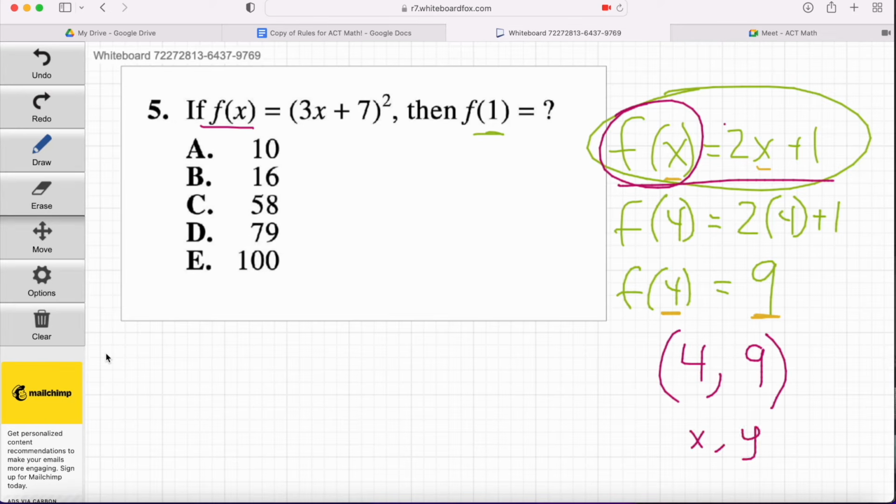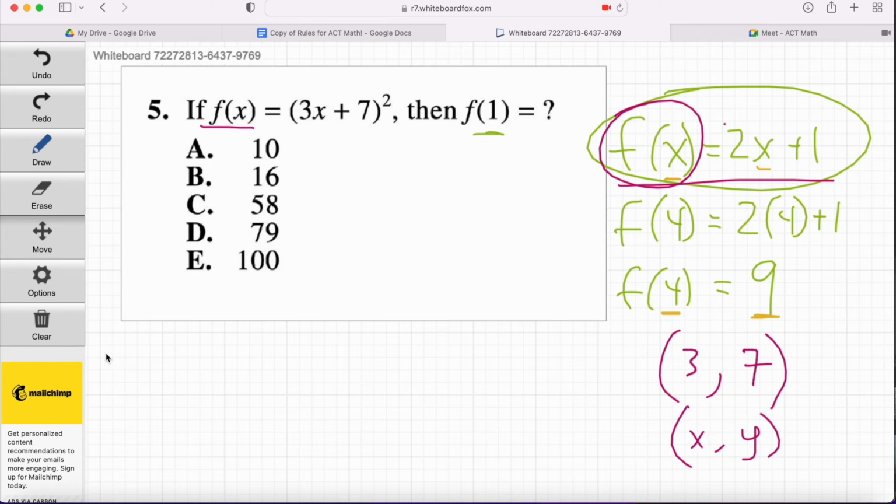You've seen ordered pairs before, especially when graphing on the xy axis. That would be a point on the graph of that function, 4 comma 9. Or remember when x was 3, f of x was 7, so the point 3 comma 7 is also on the graph of that function.